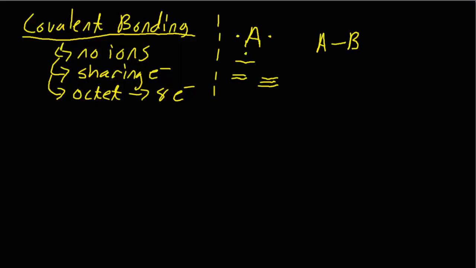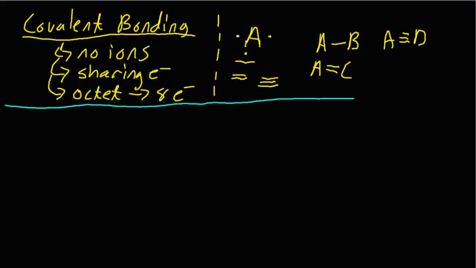And so on and so forth, right? If element A has a double bond to element C, that's what it'll look like. If it had a triple bond to element D, you'd see 3 little lines in there. All right, so this is just our background stuff. Put a big line, so we can keep that separate.